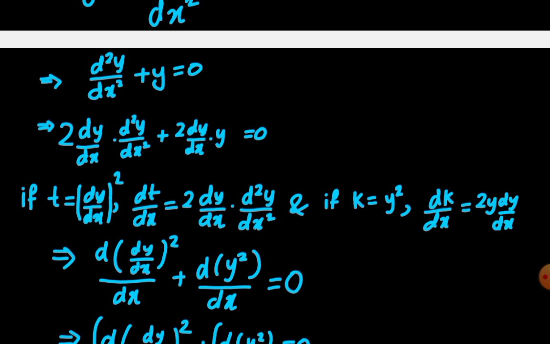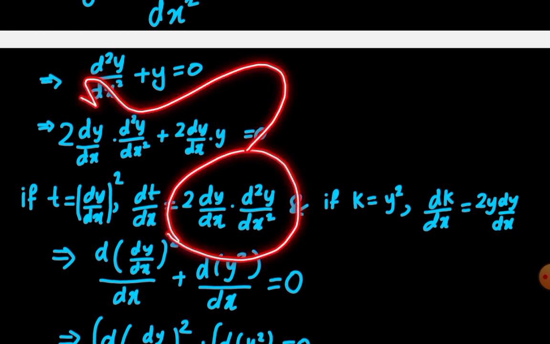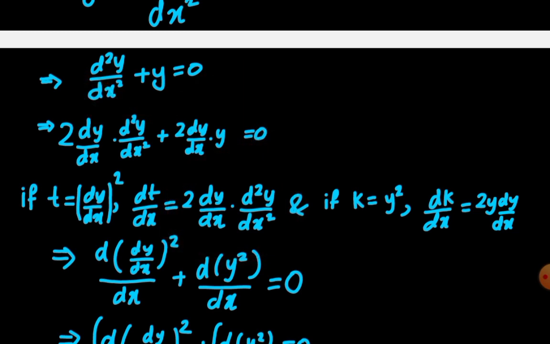Okay, now let's consider a variable t as (dy by dx) whole square. Now, if we differentiate this variable t with respect to x, we get this particular expression, which is 2 dy by dx times d square y by dx square. And if you look closely, this expression is right in our original expression, right?